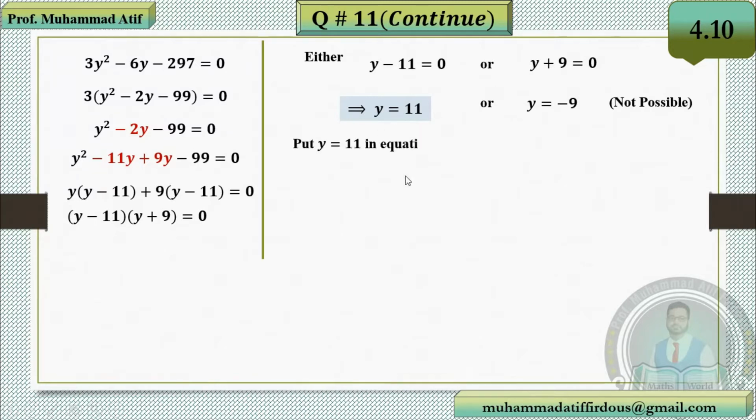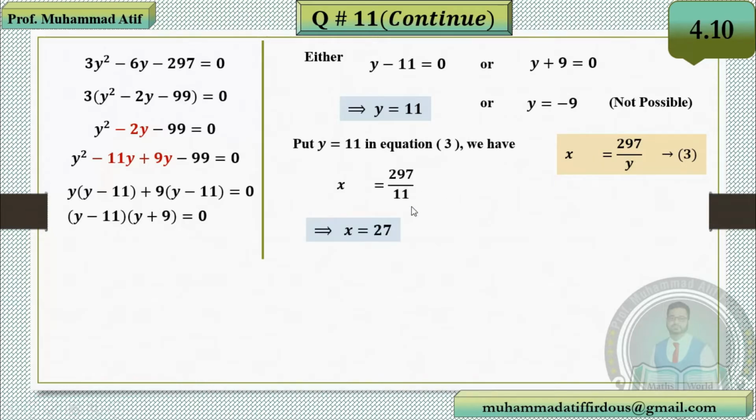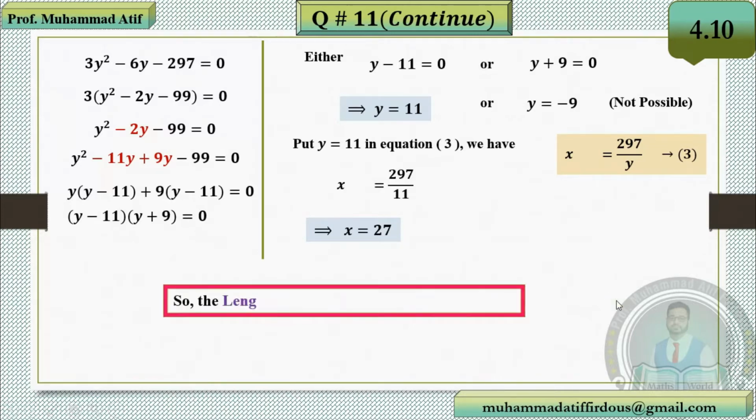Just put this value of y in equation 3. If you remember your equation 3, which is x is equal to 297 over y. So just replace the value of y in this equation and just divide 297 by 11. We have 27. So you can say that the length of the original rectangle will be 27 meter.